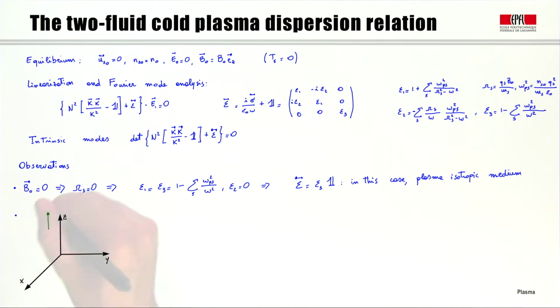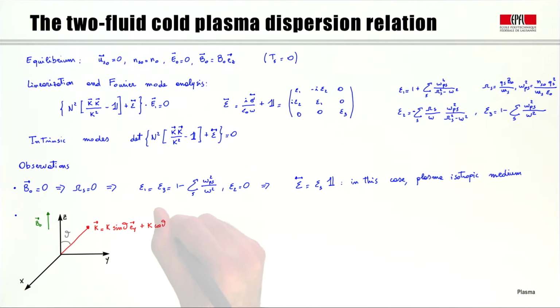Okay, we can turn the x and y axis in such a way that the k vector lies on the yz plane, and denoting theta as the angle between the z-axis and k, we can write k as the k in the y component along the y direction plus the component in the z direction.